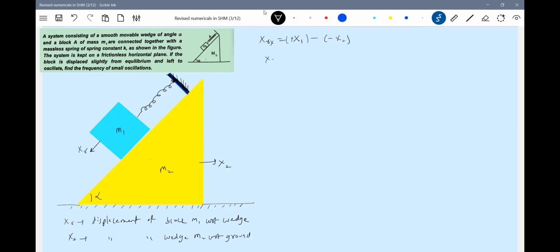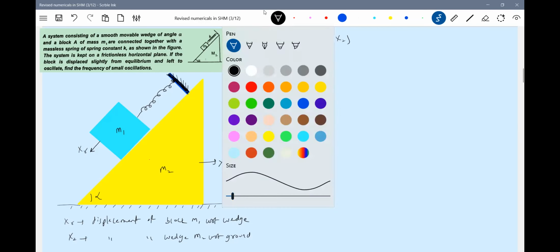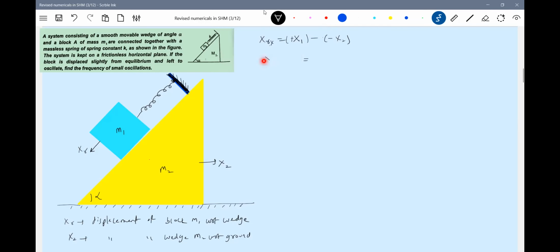So this should become equal to xr cos alpha. This we don't know, so if you are interested, you can go for x1x. That will be better. The wedge term will become plus. So I came to know x1x is xr cos alpha plus x2.